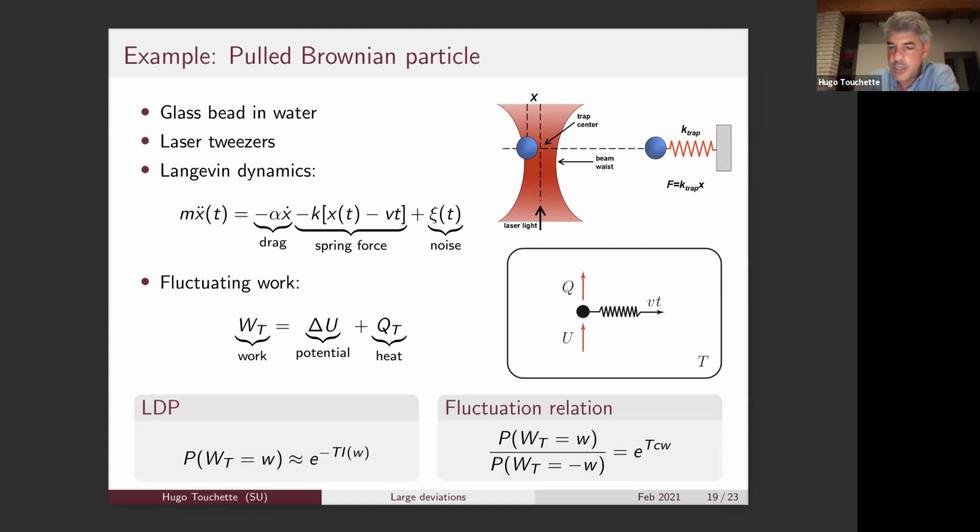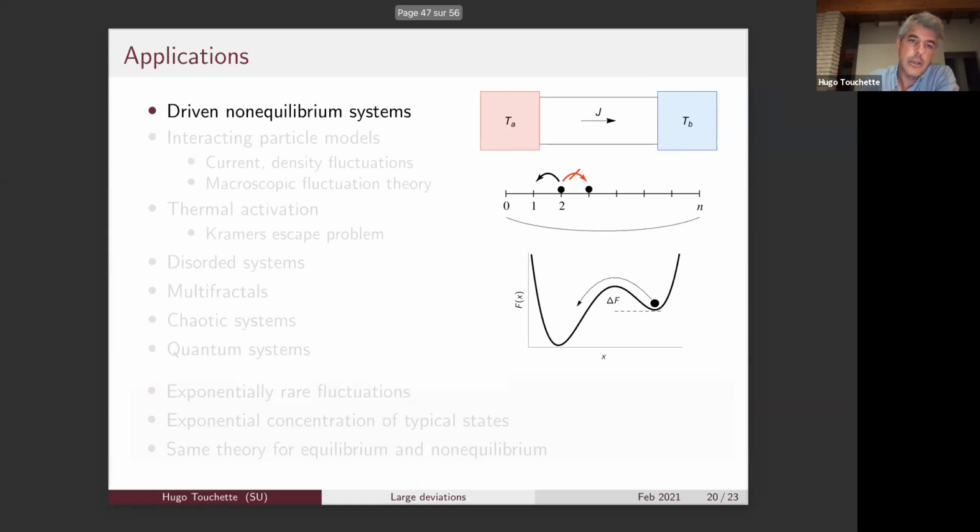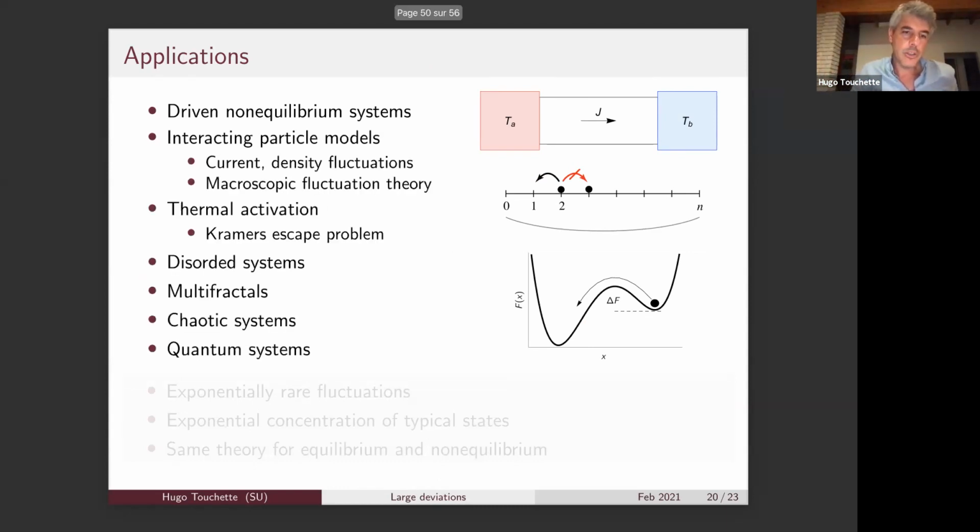Okay, so this is just meant to give you an idea, out of the equilibrium box, of how we can apply tools from large deviation theory to study something that evolves in time with noise, but you can go a lot deeper into this and a lot wider also, because there are many applications. So here I'm just listing some applications. I don't want to discuss them all.